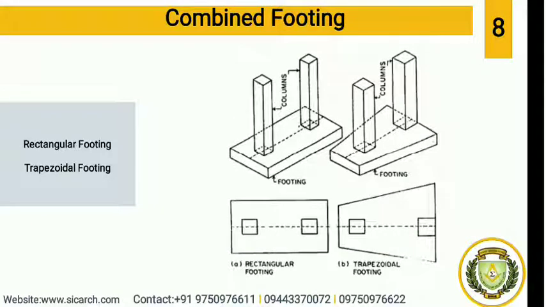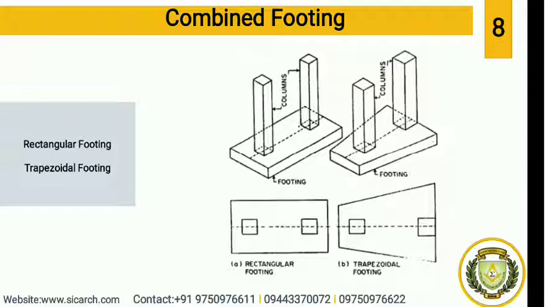Next is combined footing. Combined footings are provided to support two or more columns. These types of combined footing can be given in two ways: rectangular combined footing or trapezoidal combined footing.